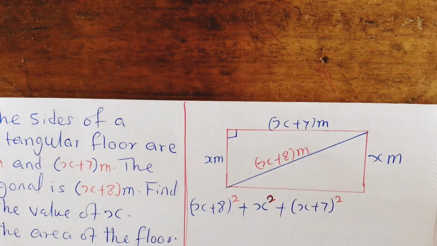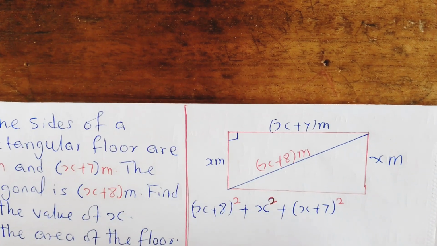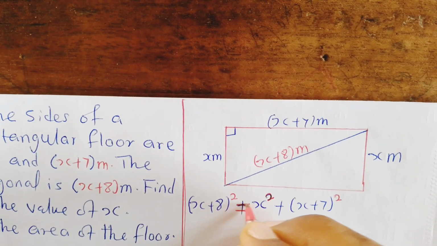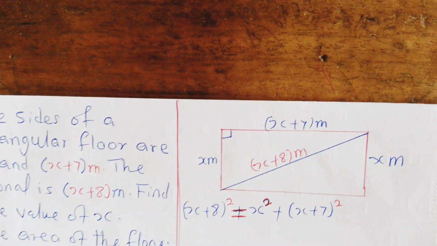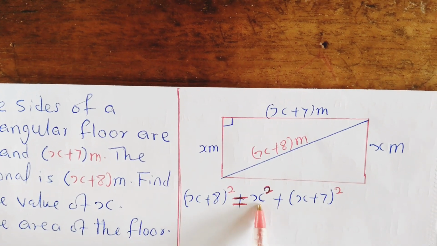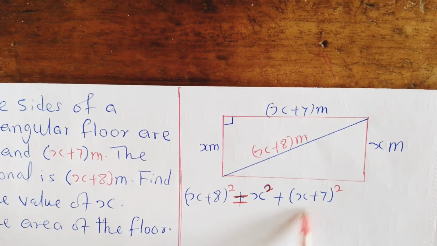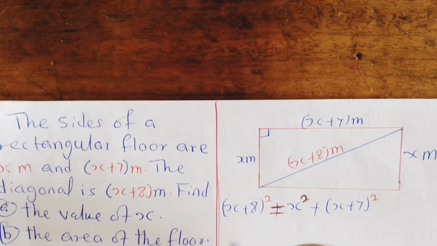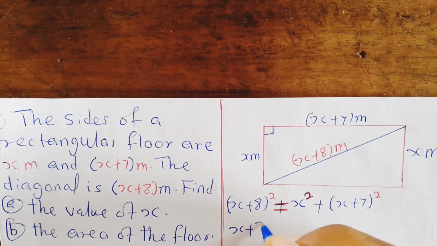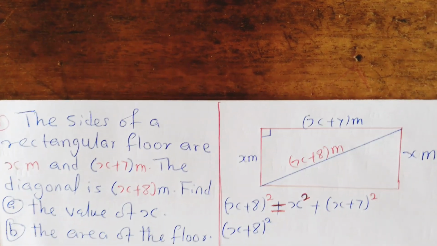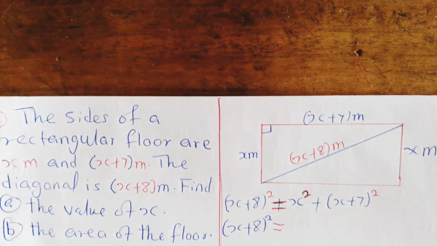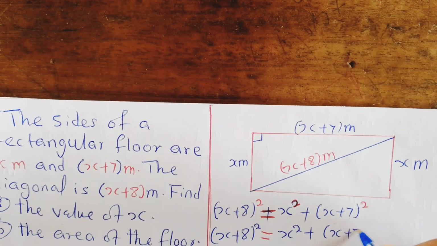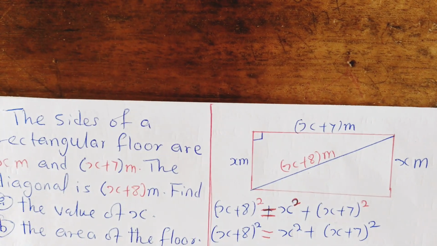So this is the Pythagoras theorem: the longest side squared is equal to the sum of the squares of the other two sides. So let me rewrite it again. I have x plus 8 all squared is equal to x squared plus x plus 7 all squared.